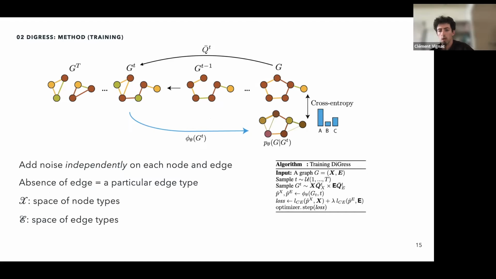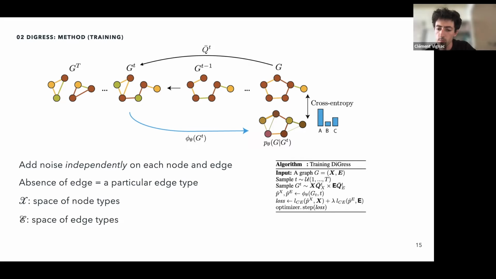Okay, so it's the same transition matrix that is applied to each node and the same transition matrix that is applied to each edge, to each pair. I didn't mention it, but it's important: we do a prediction for every edge in the graph. So no edge is just one particular edge type. If you don't have particular attributes, you have two edge types: no edge or there is an edge.